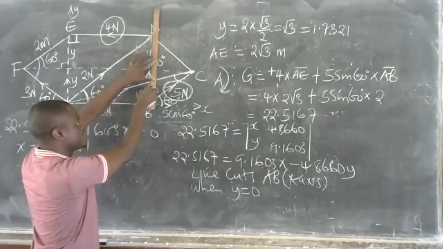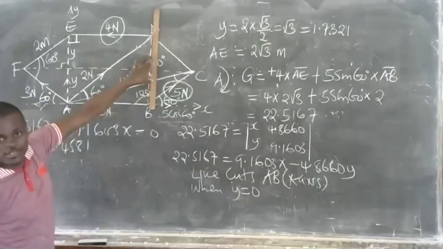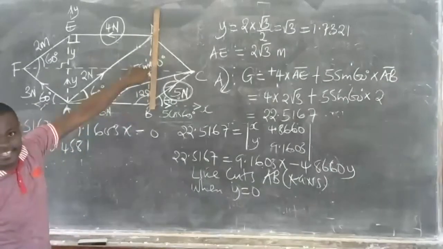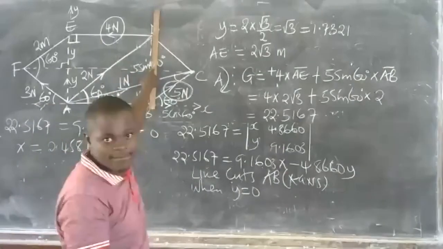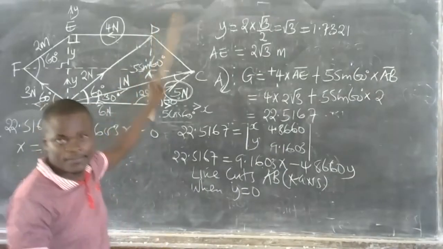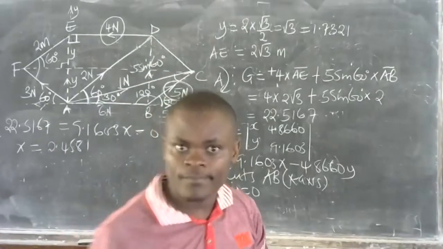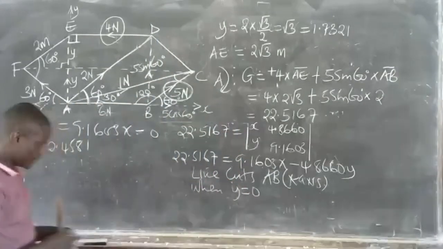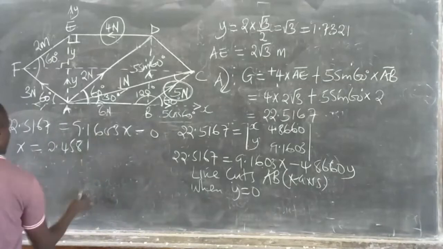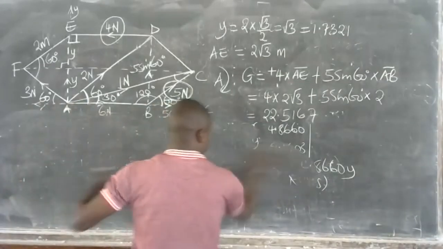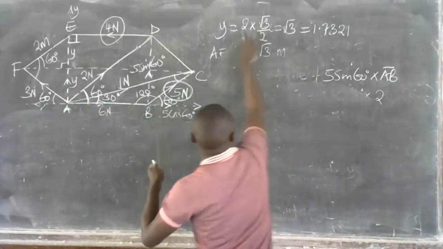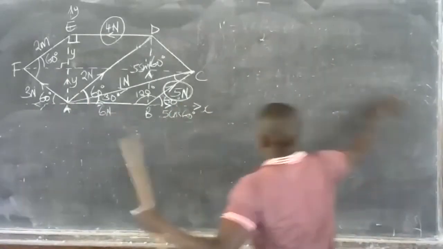If this is my ruler, don't you see the perpendicular distance is at B? Yes, teacher, thank you. I've understood. Okay, welcome.